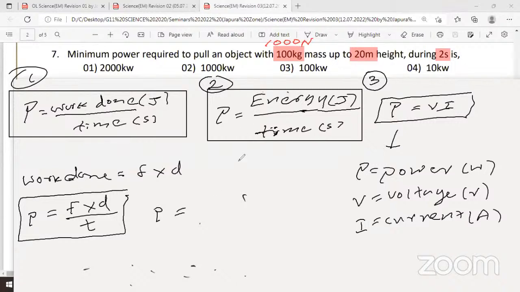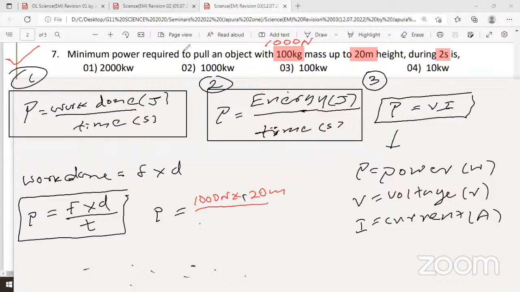1000 Newton into the height, that is 20 meters, the displacement, and I'll put the units too, so you will understand. 1000 Newton into 20 meters, divided by the time taken, 2 seconds. We use the first equation here, but I gave all three equations to calculate power in your O-level syllabus, from grade 10 or grade 11.